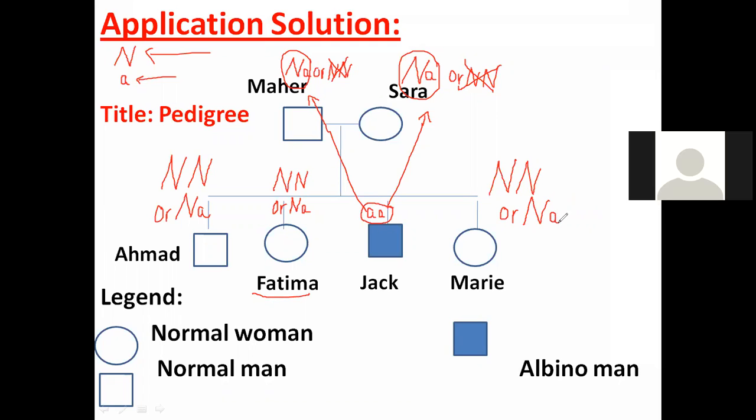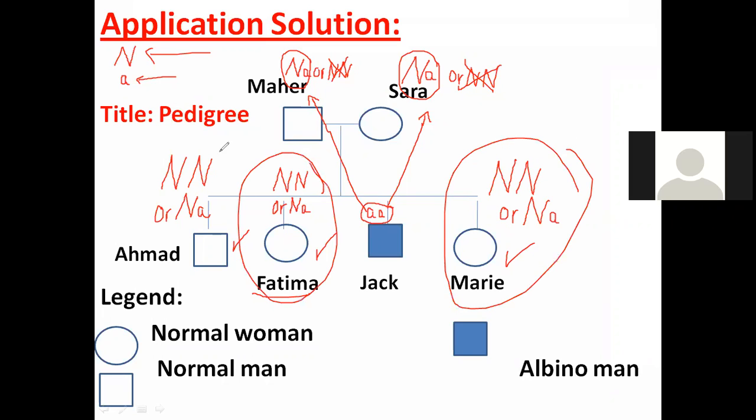Whenever we have to solve the pedigree, you can use Marie, Fatima, and Ahmad with one justification, so you can solve them together. You can say Ahmad, Fatima, and Marie are normal and we don't know if they got married, so they can be either an N or an A.